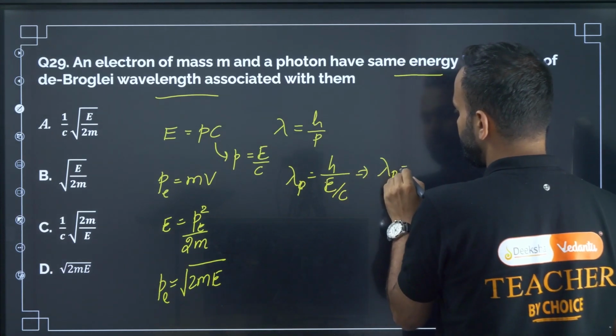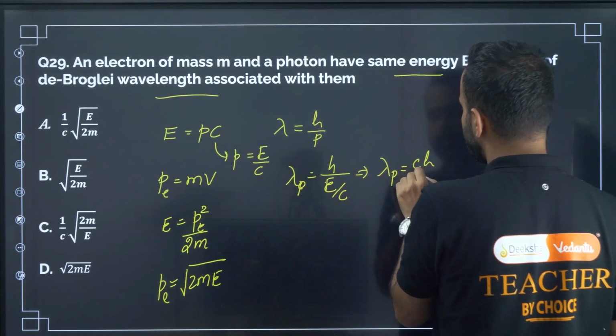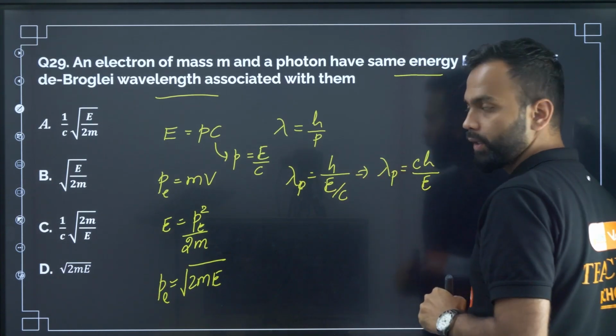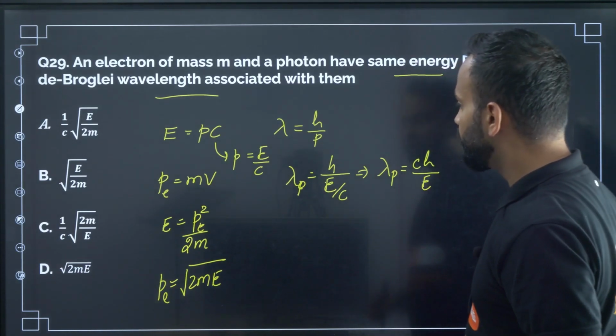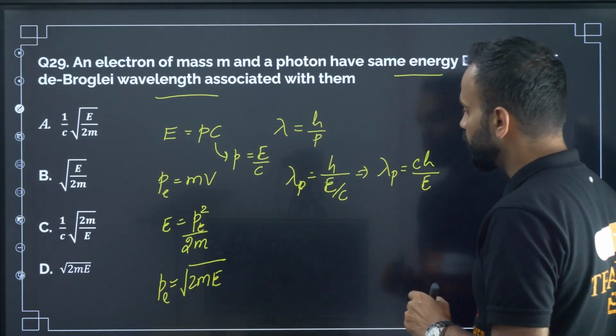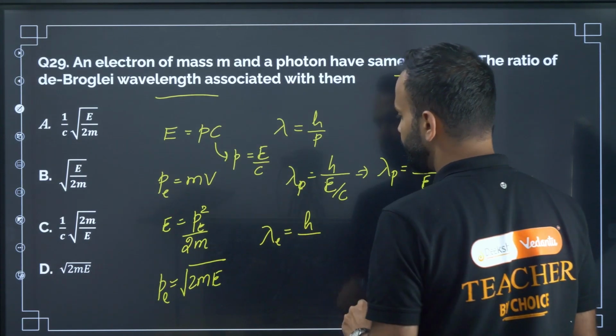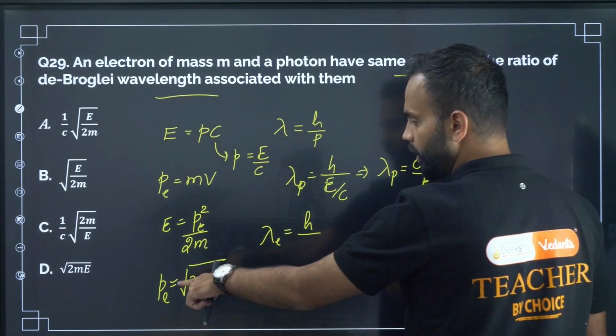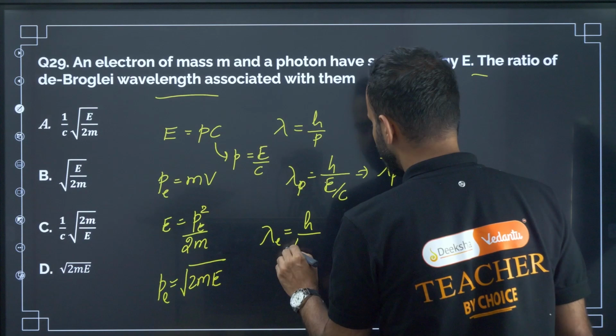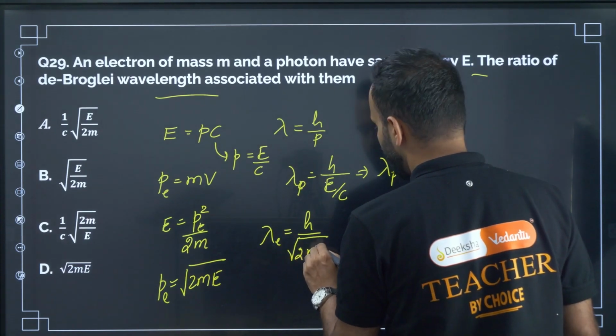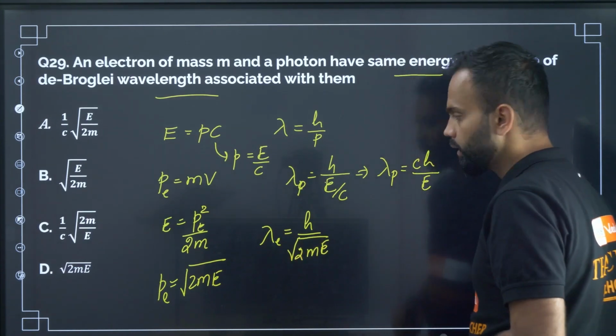So lambda p equal to ch divided by E. The de Broglie wavelength of the electron is h divided by P, the momentum of the electron, which is root of 2m into E.